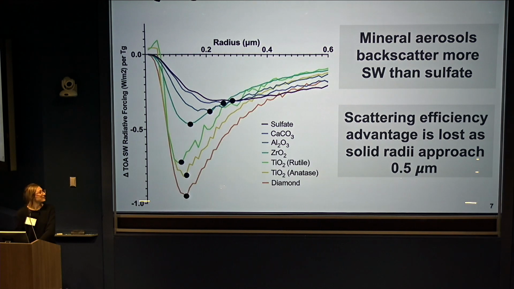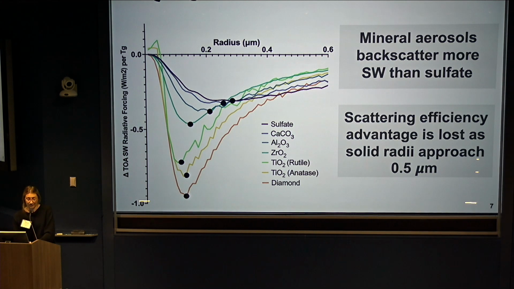Okay, I'm going to move on to talk a little bit more about technical constraints now. One of the reasons that we think about mineral aerosols is because they're quite good scatterers. So this is an indirect means of mitigating risks. We can model this and see that mineral aerosols do backscatter more shortwave, so more sunlight, than sulfate, particularly at these very low optimal radii.